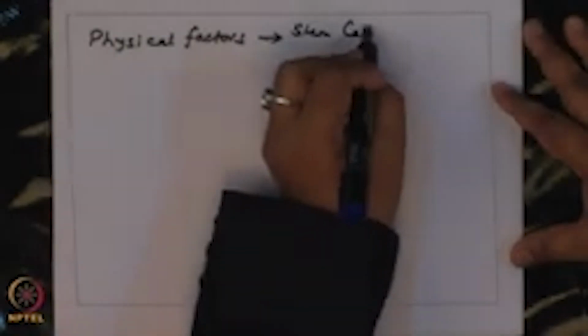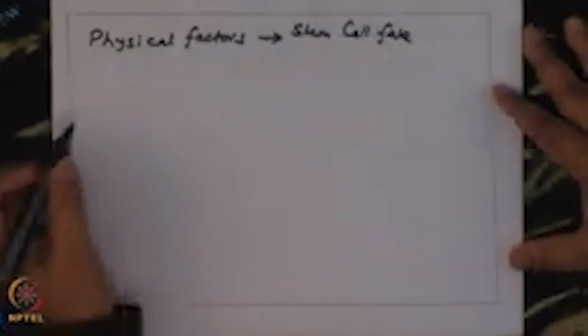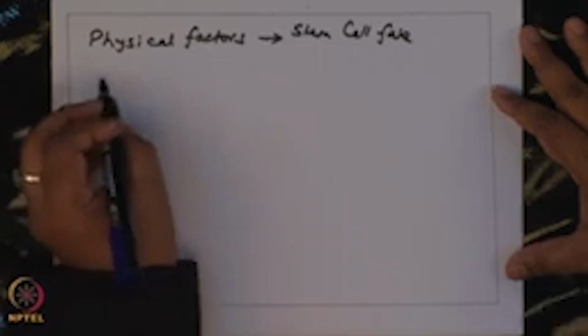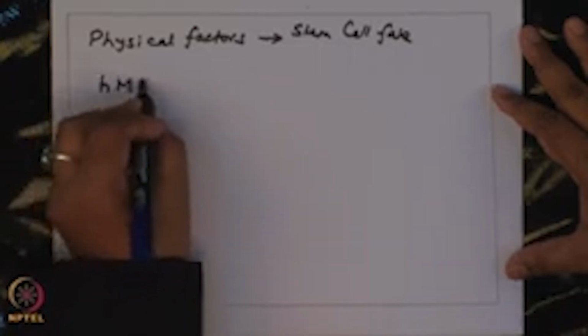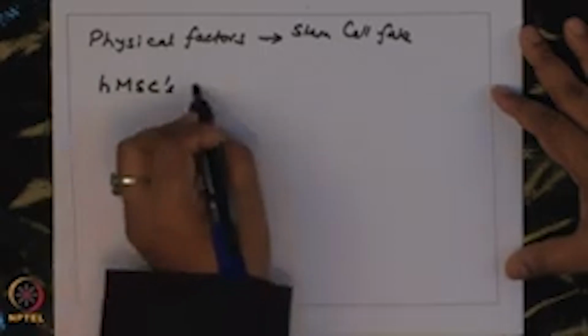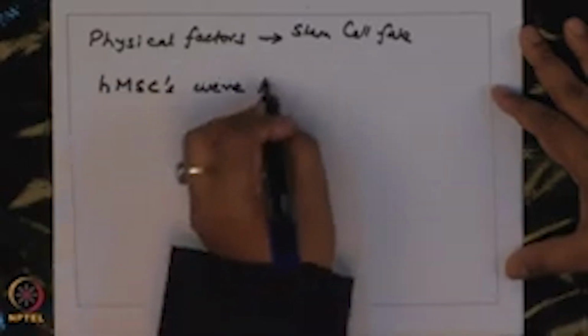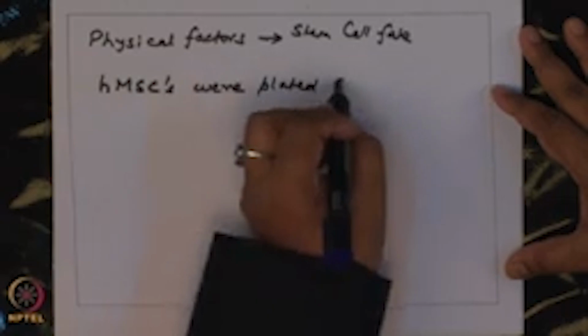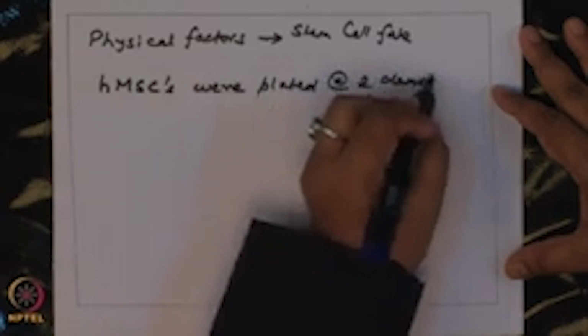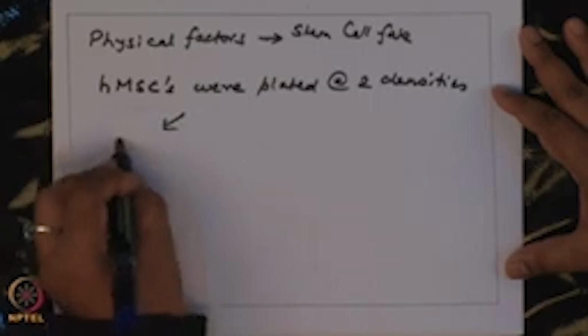In the last lecture we had started discussing how physical factors can regulate stem cell fate. In this regard we discussed a paper where human mesenchymal stem cells were plated at two densities, low density and high density.